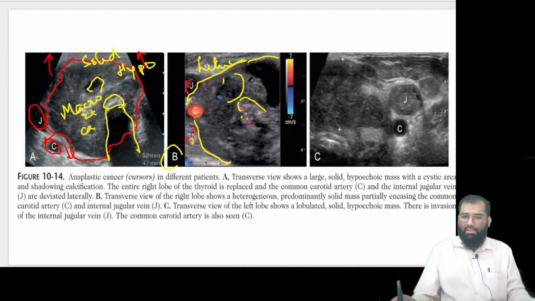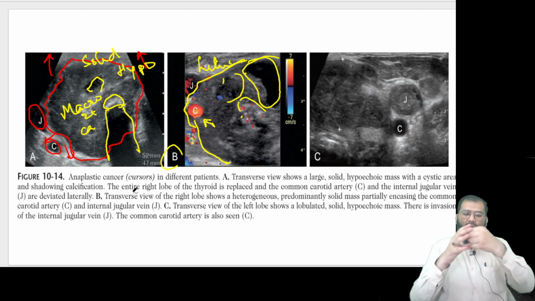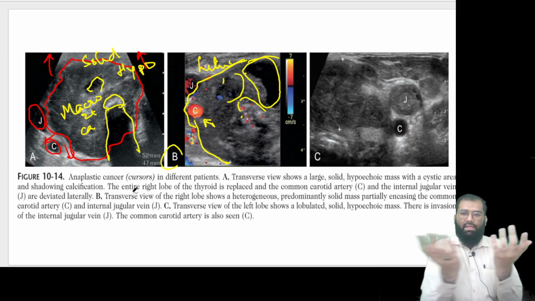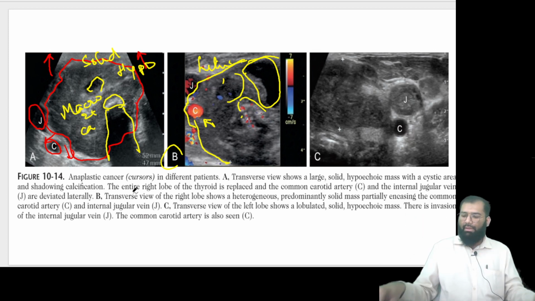Few cystic areas are also seen within it. Okay. And very important is that it is encasing the common carotid. Can you see that? Common carotid comes within the substance. इसे कहते हैं encasement. Encasement यानी कोई vessel है, चारों तरफ से it is surrounded by the tumor or the lesion. This is called encasement.